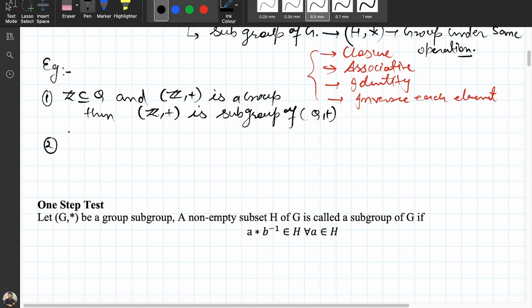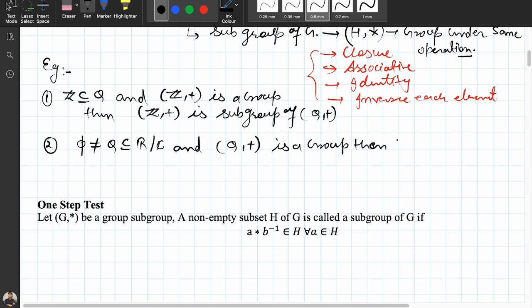Now taking the second example, Q is a non-empty set, and it is a subset of R and C. We know Q plus is a group.